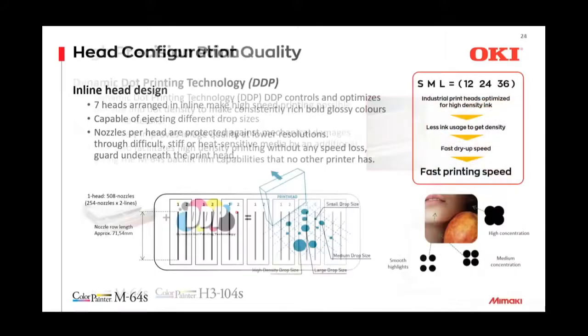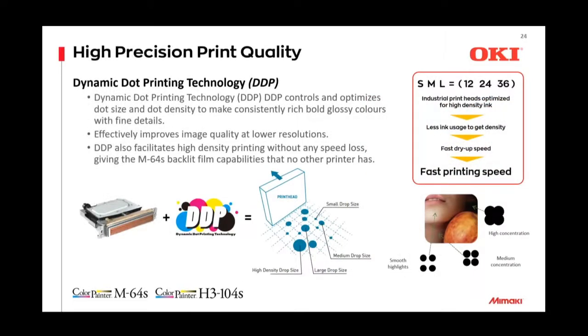All right, so how do we achieve the speed at density? This is where we start talking about the dynamic dot printing technology, DDP. You can see we actually drive the heads in a way to create a higher density drop size for the DDP mode. It is profile driven. We can use 12, 24, or 36 picoliter variable dot, and we're still using variable dot technology with the high density drop size.